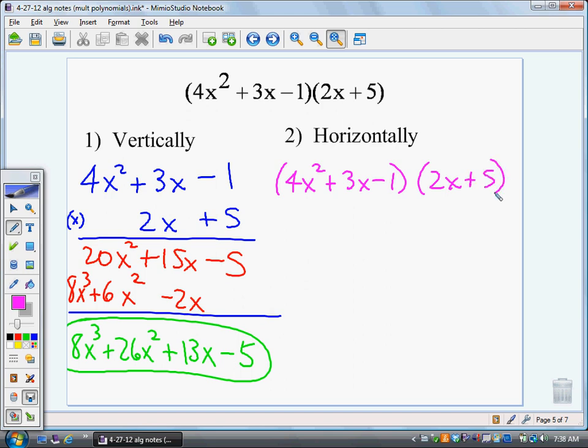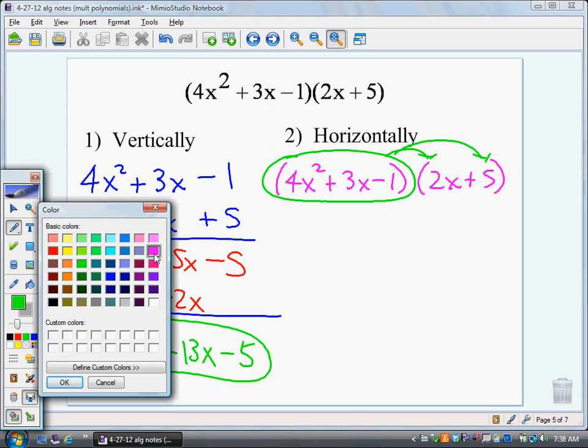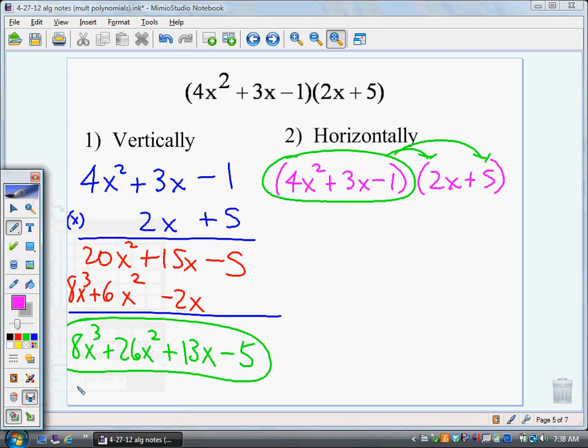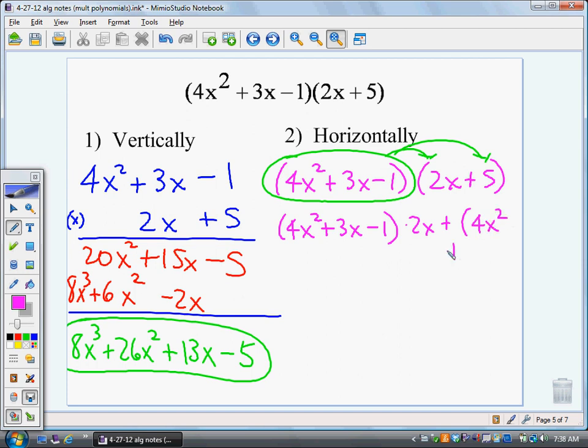And so here, you take this, multiply it by each of those terms. So 4x squared plus 3x minus 1, multiplied by 2x, and then the same 4x squared plus 3x minus 1, multiplied by 5.